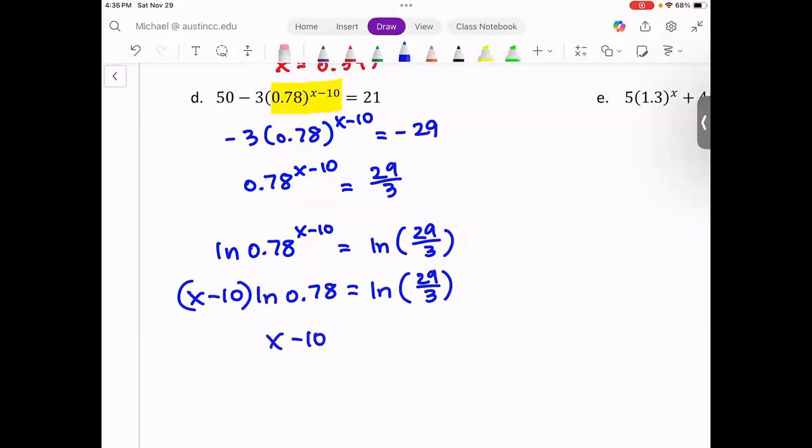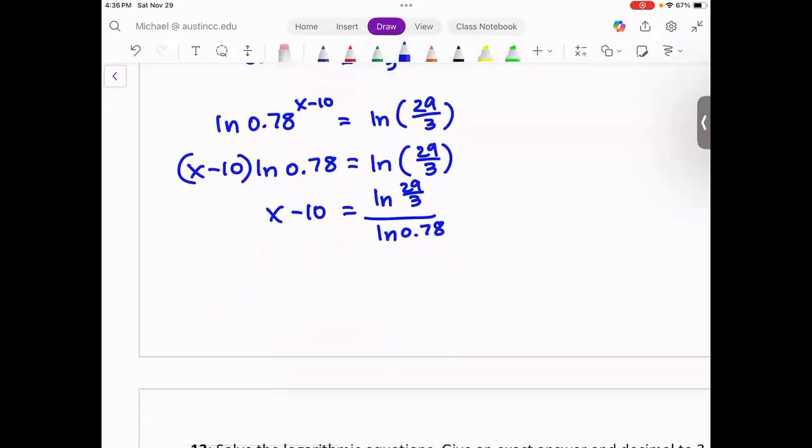So we're left with x minus 10 is natural log of 29 over 3 divided by natural log of 0.78. And if we add 10 to each side, we end up with 0.905.